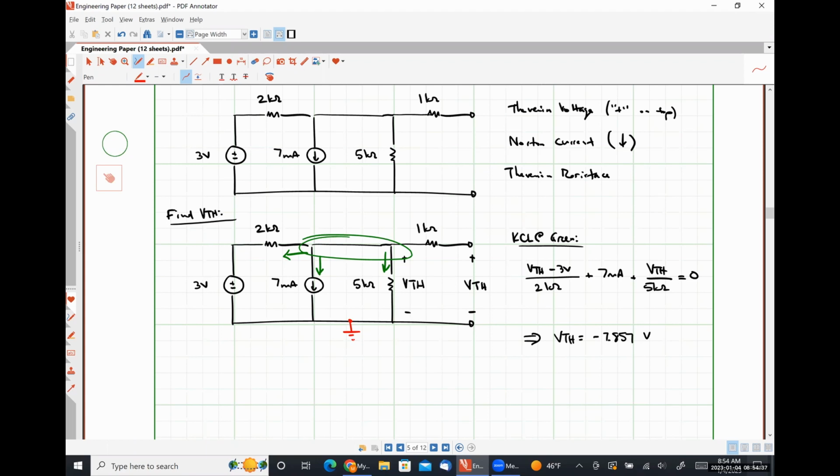So this is the value that I got, and we found that the Thevenin equivalent voltage is a negative quantity here. Is that going to be a problem? Probably not. We should expect that since we only have independent sources and resistors, our Norton current with the direction down is going to wind up being negative as well. So let's figure that out.